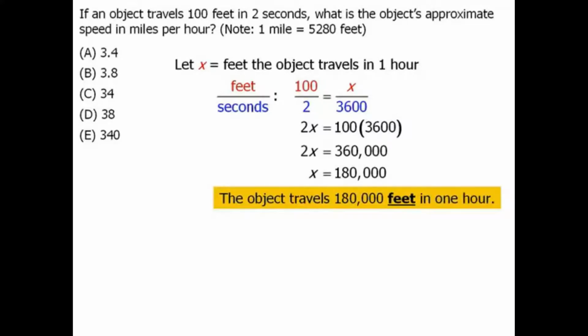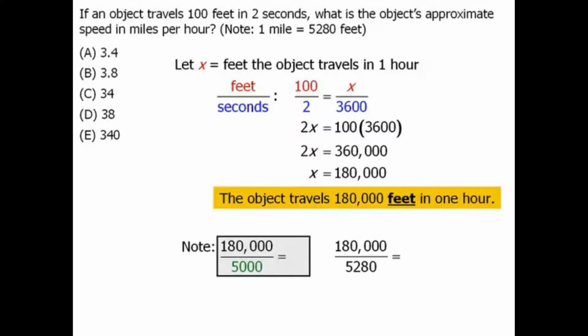Well, we know that there are 5,280 feet for every mile. So we take our 180,000 and divide by 5,280. Now before we perform this lengthy calculation, let's take a look at an easier calculation. 180,000 divided by 5,000 is equal to 36.